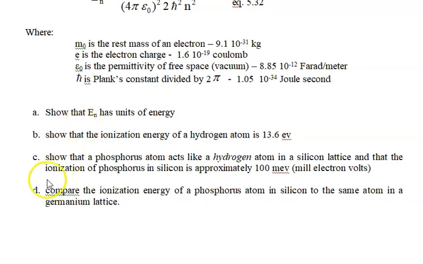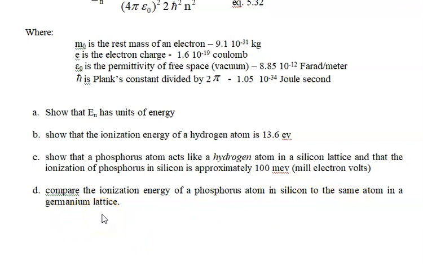Okay, show that the phosphorus atom acts, I should have italicized this, acts like a hydrogen atom in a silicon lattice, and the ionization energy of phosphorus in silicon is on the order of 100 milli electron volts, and that should be milli, not mil. Compare the ionization energy of a phosphorus atom in silicon to the same atom in a germanium lattice.